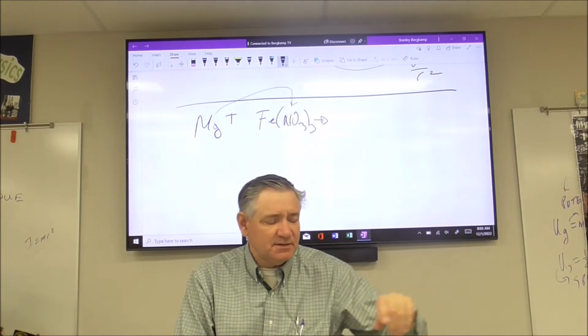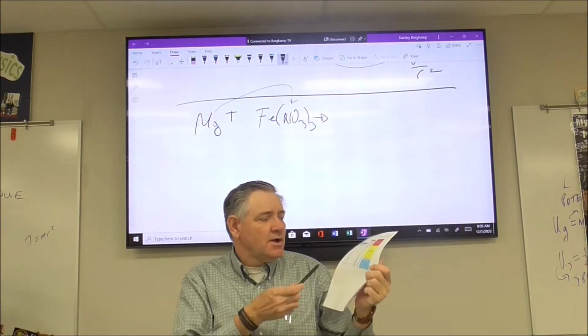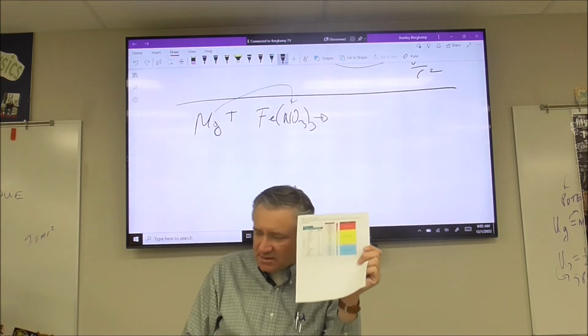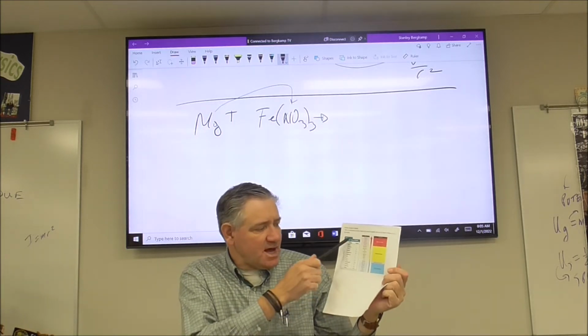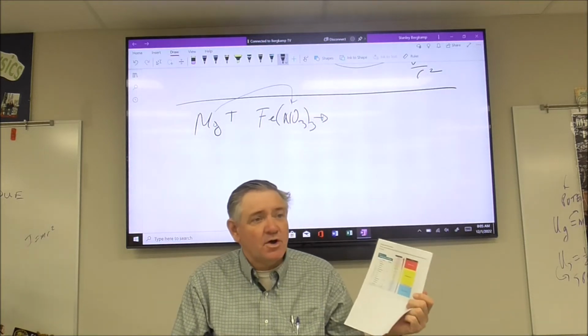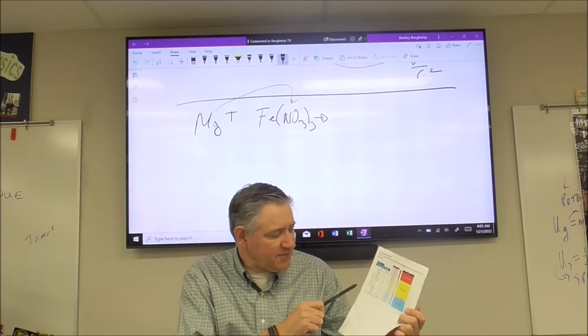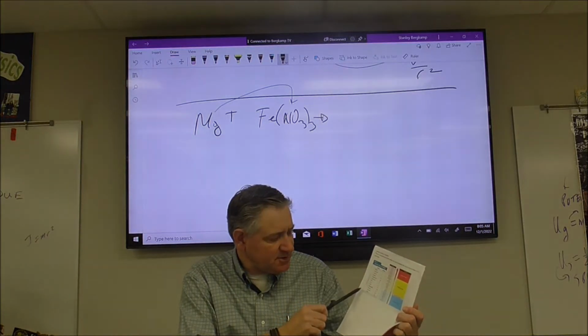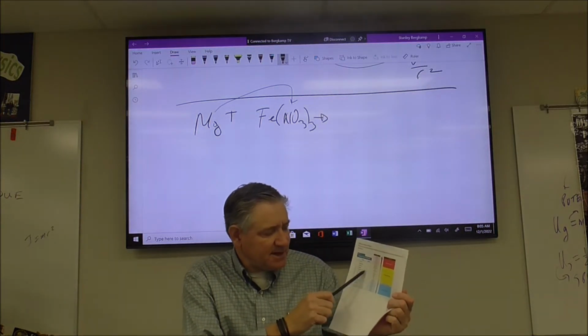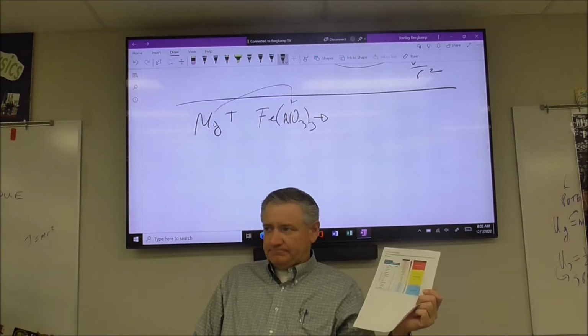So, again, let me see the color one. So, on the test on Monday, you're going to have this chart, this reactivity series. You have to know how to use it, okay? If you look on this chart, you'll notice that magnesium is up above iron, right?